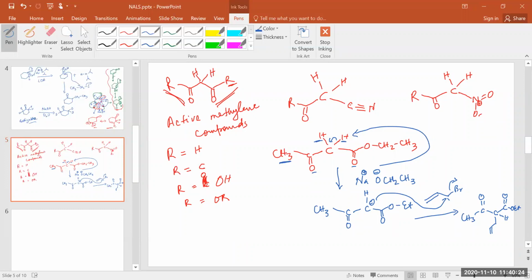Now you see you still have one more hydrogen that can also be replaced by repeating the reaction. So with sodium OEt, you'll have CH3CO, carbon, COOEt, with the allyl and a negative charge.